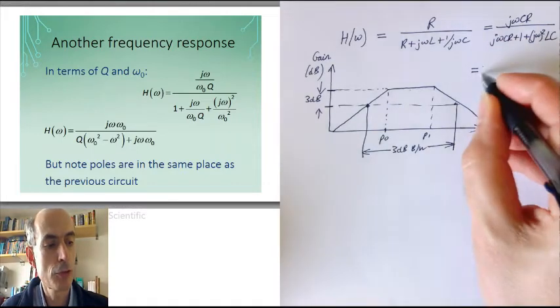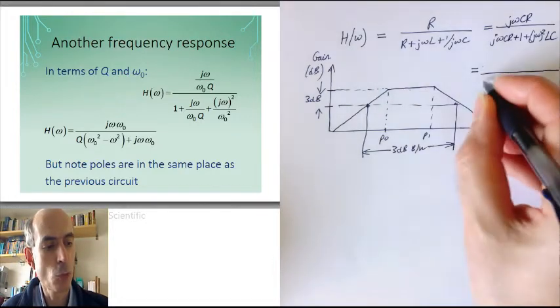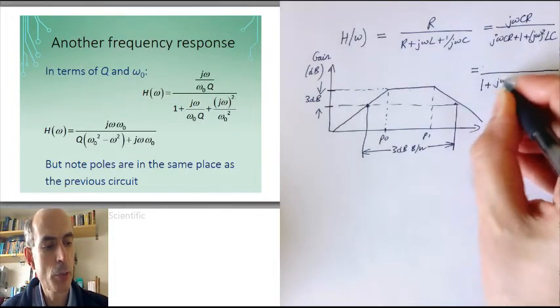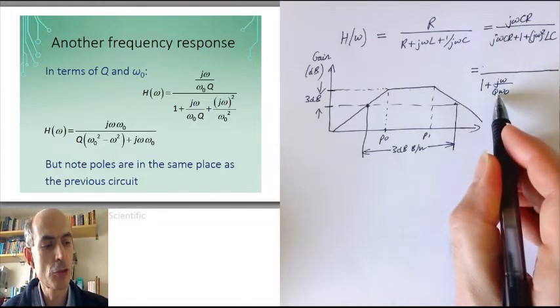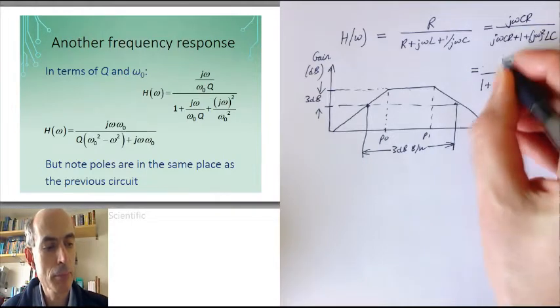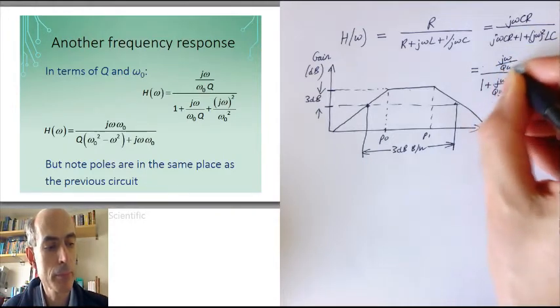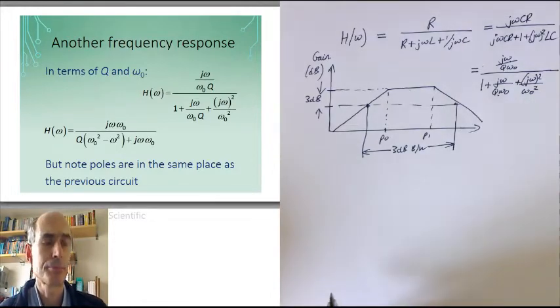So in the standard form in terms of resonant frequency, that would give us just 1 plus j omega over Q omega naught. That's the term that should be on the numerator as well, because it's the coefficient of j omega. And then we'd get j omega all squared over omega naught squared as usual.